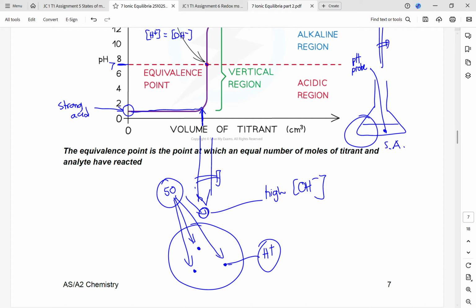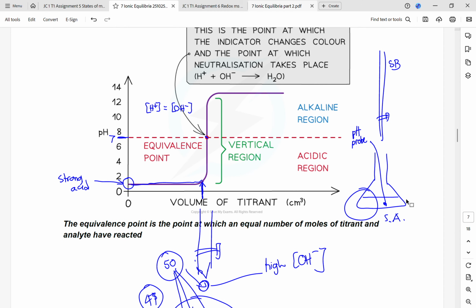So what do the other 47 OH minus do? These other 47 will raise the pH significantly. That is what happens here.